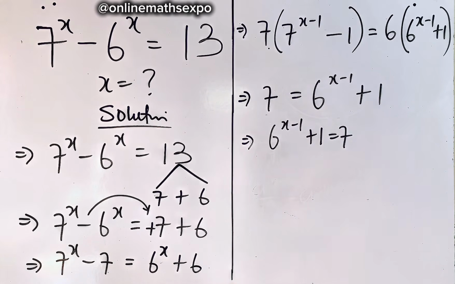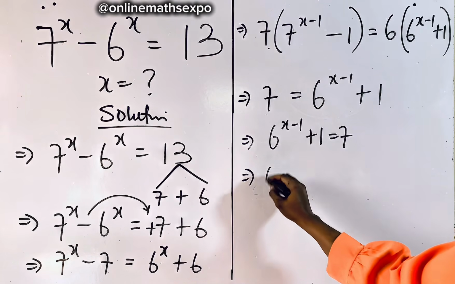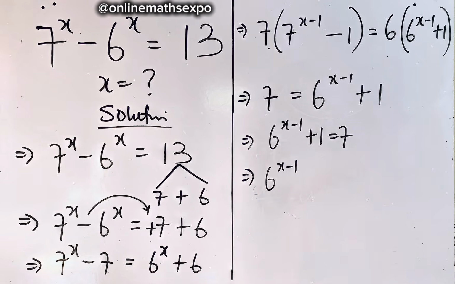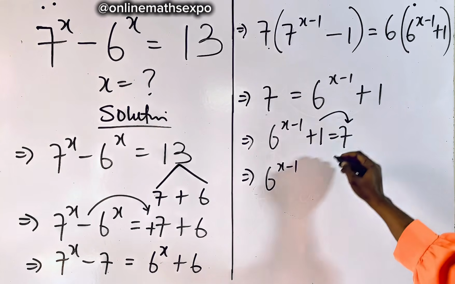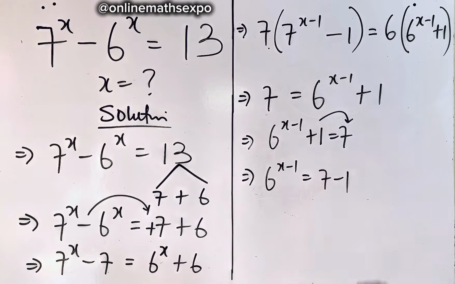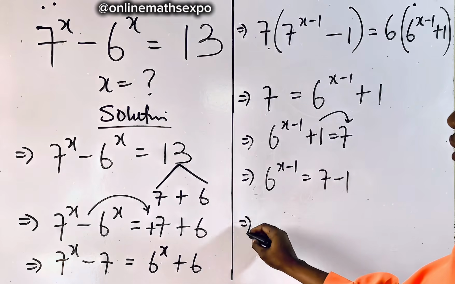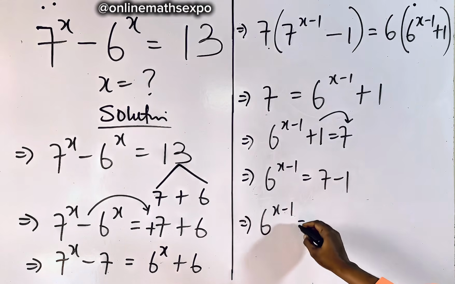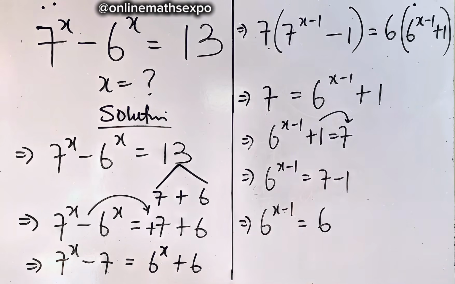So this will give us 6 to the x power minus 1. To remove this, you subtract. So if you subtract 1, it gives you 7 minus 1. So if you keep solving, 6 to the x power minus 1 is equal to 6. Now you see that this is also 6 to the power of 1.